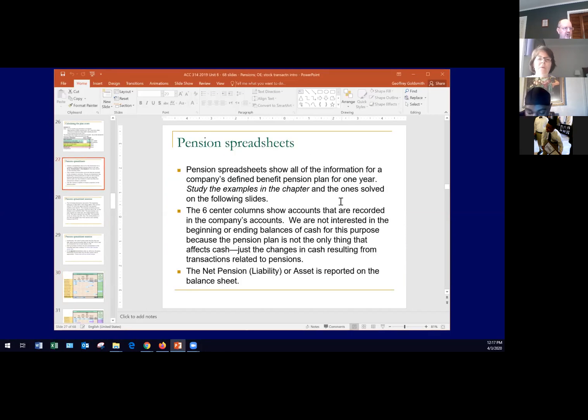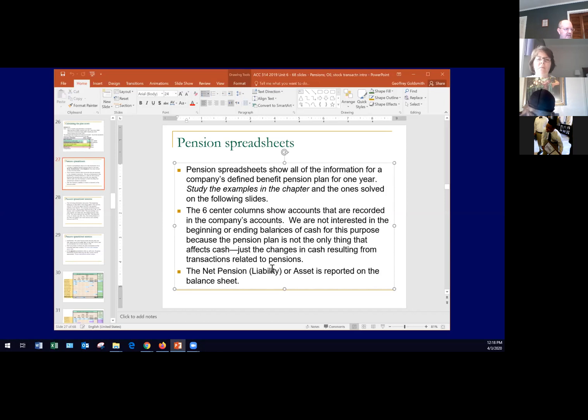Show accounts that are recorded in the company's accounts. One of which is cash, but we're not interested in the beginning or ending balances of cash for this purpose because the pension plan is not the only thing that affects cash. For this purpose, we're just interested in the changes in cash that result from pension transactions.